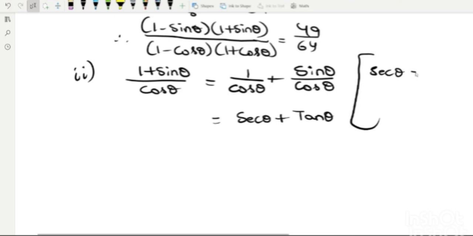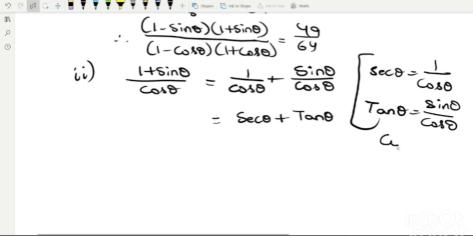We know that secant theta equals 1 by cos theta and tan theta equals sin theta divided by cos theta. And also we know that cot theta equals 1 by tan theta, or you can write it as tan theta is the reciprocal of cot theta.